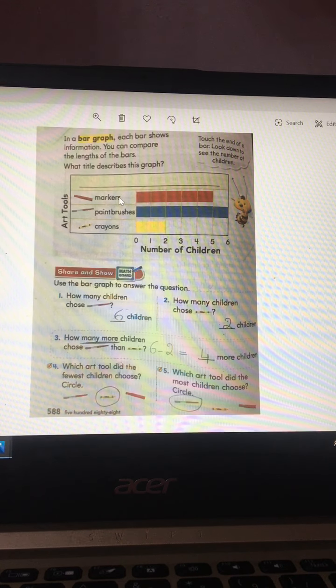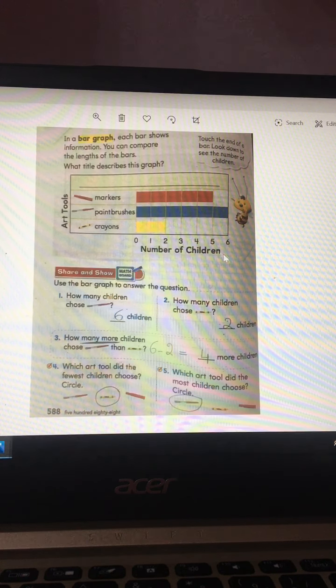So let's have a look. As we said, 5 children chose markers and 6 chose the paint brushes. And how many chose the crayons? Only 2. So which of these numbers is the largest? Is it 6 children, or 5 who chose the markers, or 2? Of course, the biggest number is the number of children who chose the paint brushes, because look, where does the bar end?